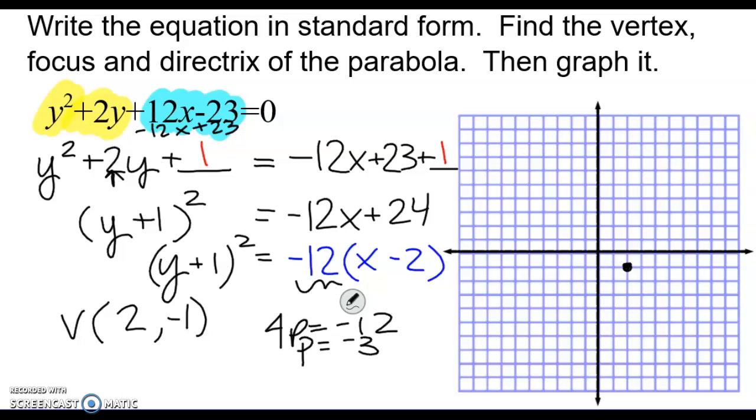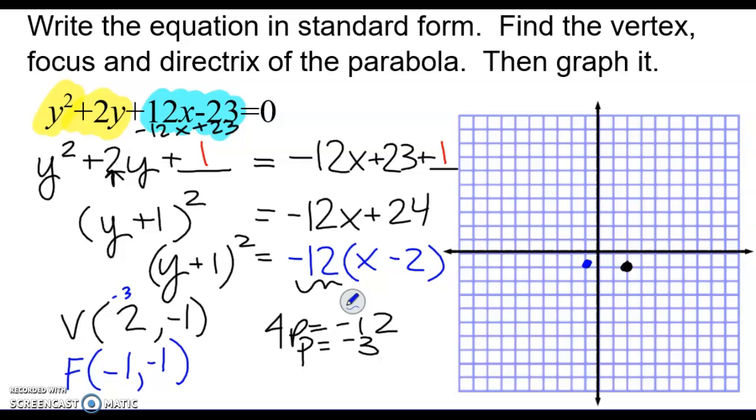So that means from this point right here, I'm going to count 3 to find my focus. So my focus is now, I went 3 to the left, so at negative 1, negative 1. So you could either count the negative 3 or just subtract the 3.